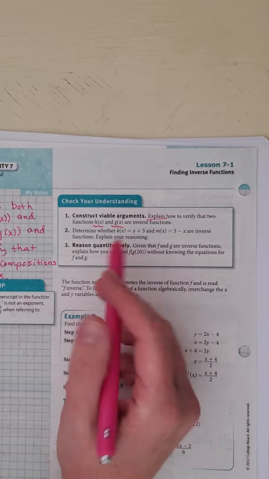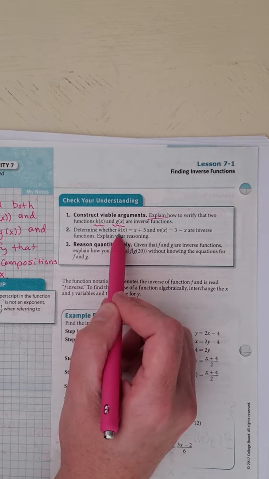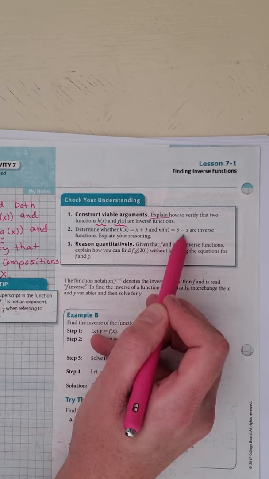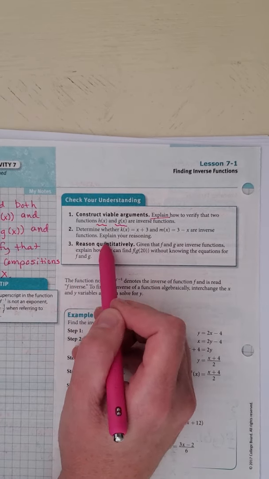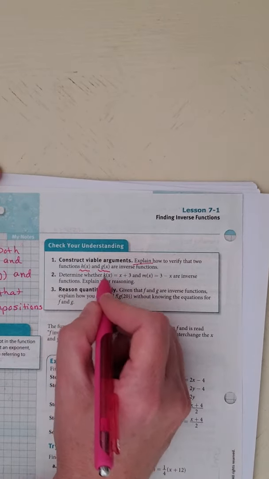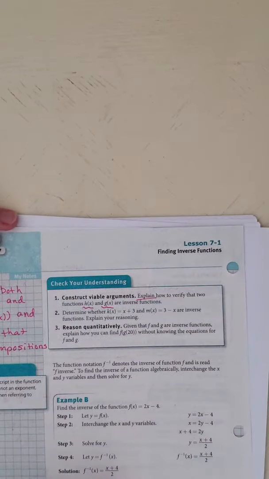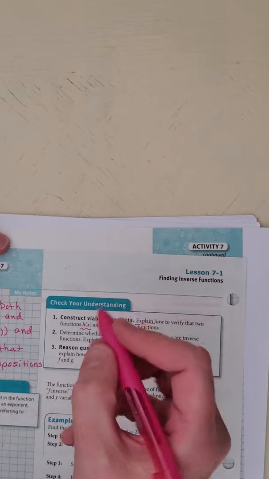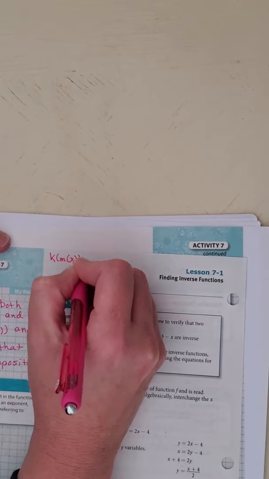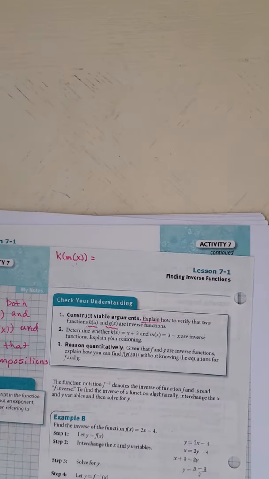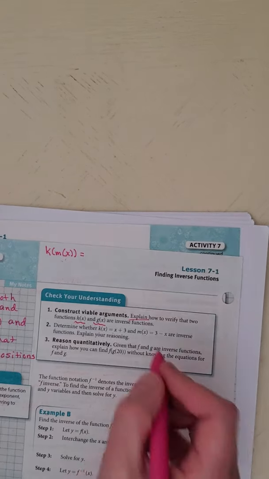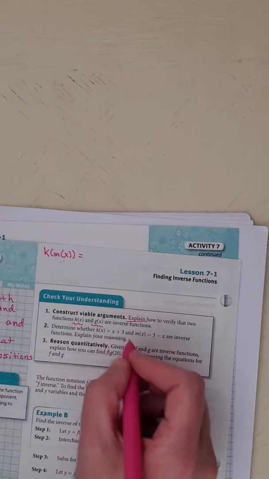Okay, next it says to determine whether k of x equals x plus 3 and m of x equals 3 minus x are inverse functions. Explain your reasoning. So I'm going to compose these functions. I'll do that up here so that I can leave room for this example. So k of m of x equals, so I'll start with my outside function k.